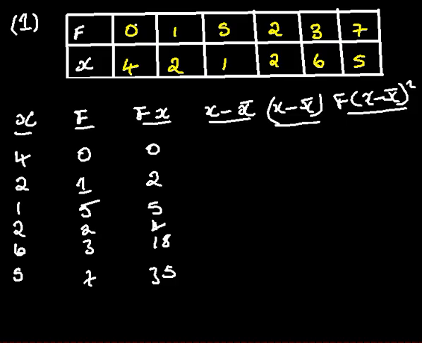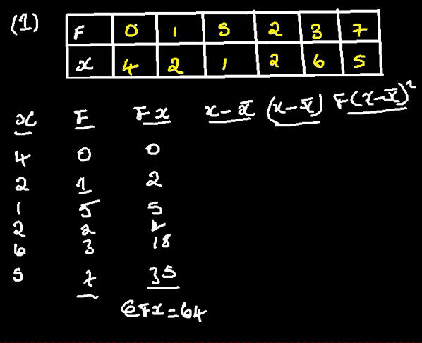So we just have to sum this column, that will be given as the summation of fx. So what is the summation of fx? 2 plus 5, that is 7. 7 plus 4, that is 11. And 11 plus 18, and plus 35, that is 64. So we have 64 in this column.